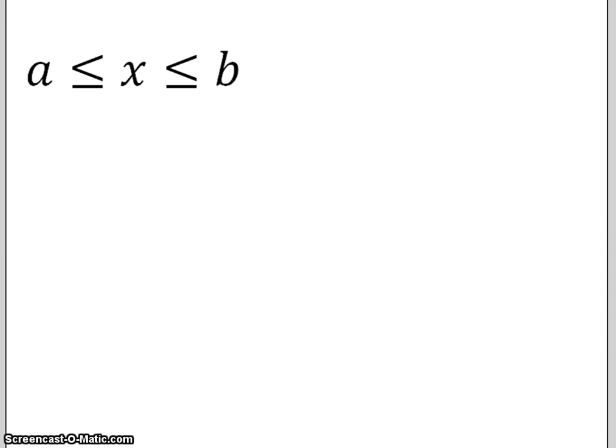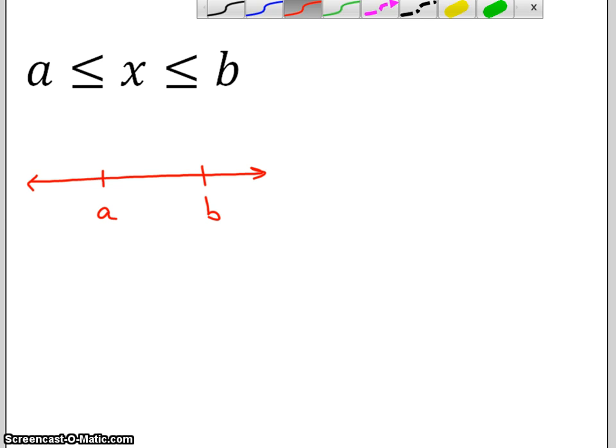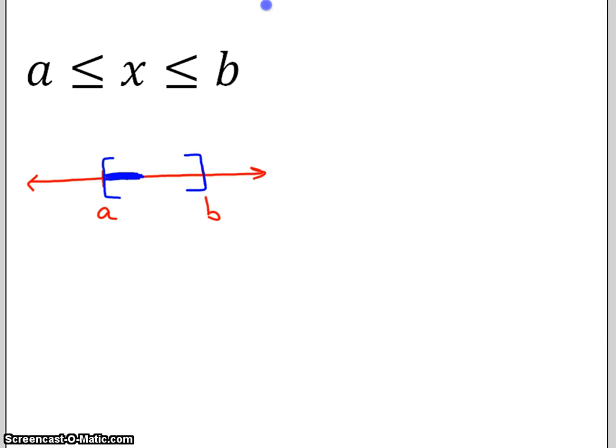Let's say you get an answer like this: x is greater than or equal to A and less than or equal to B. On a number line, that would be A and B. Since x is greater than or equal to A, we have a bracket opening to the right, and since x is less than or equal to B, a bracket opening to the left.